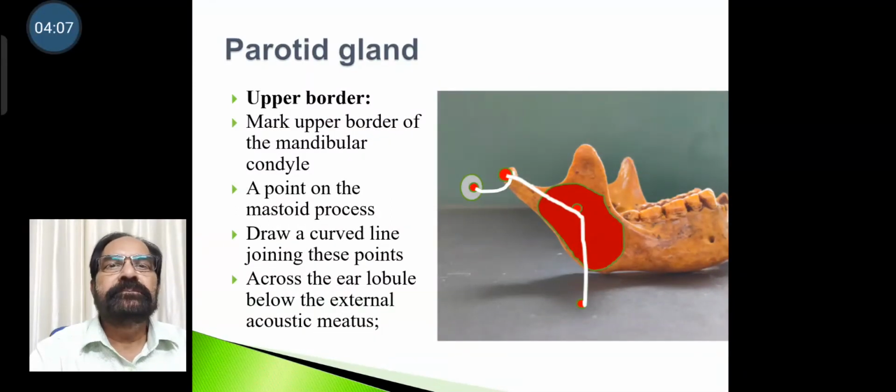Upper border. Mark the upper border of the mandibular condyle and a point on mastoid process as shown. Draw a curved line joining these points across the earlobe below external acoustic meatus.